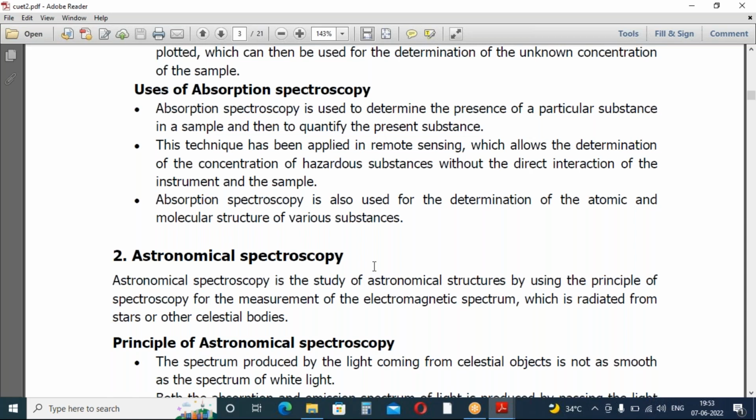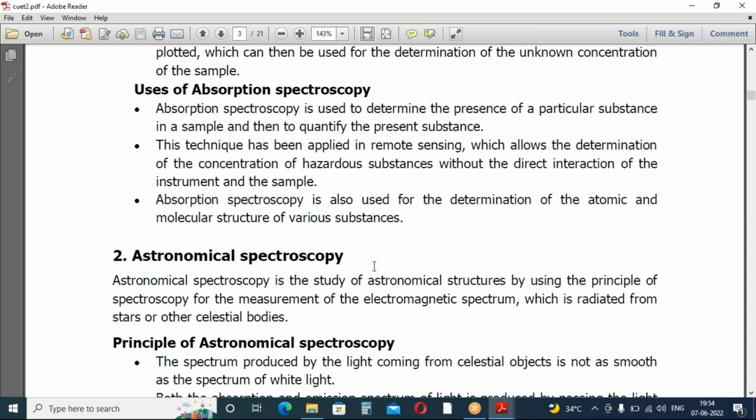Okay, and what is the concept behind absorption spectroscopy? This is mainly based on electromagnetic radiation, which may be UV radiation or visible radiation, and it allows determination of the particular components present in the mixture by observing the frequency levels and wavelengths. That gives the absorbance values.